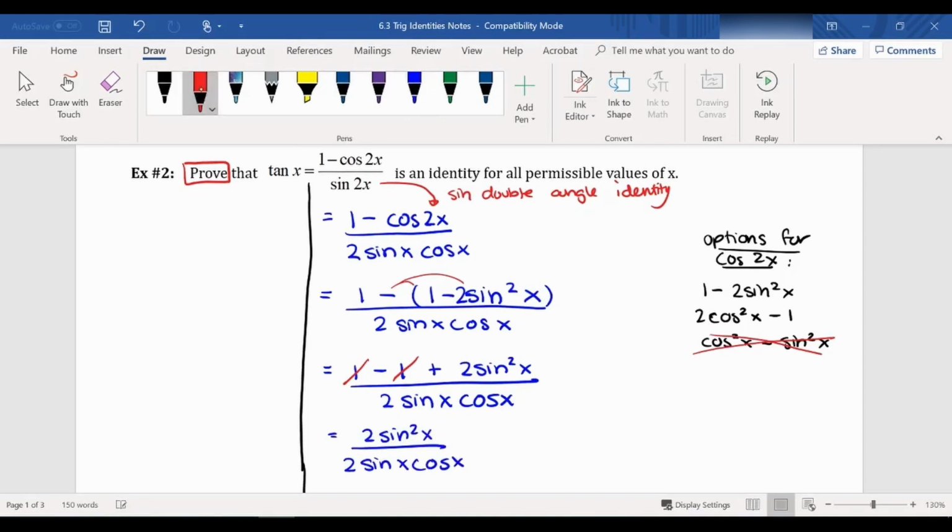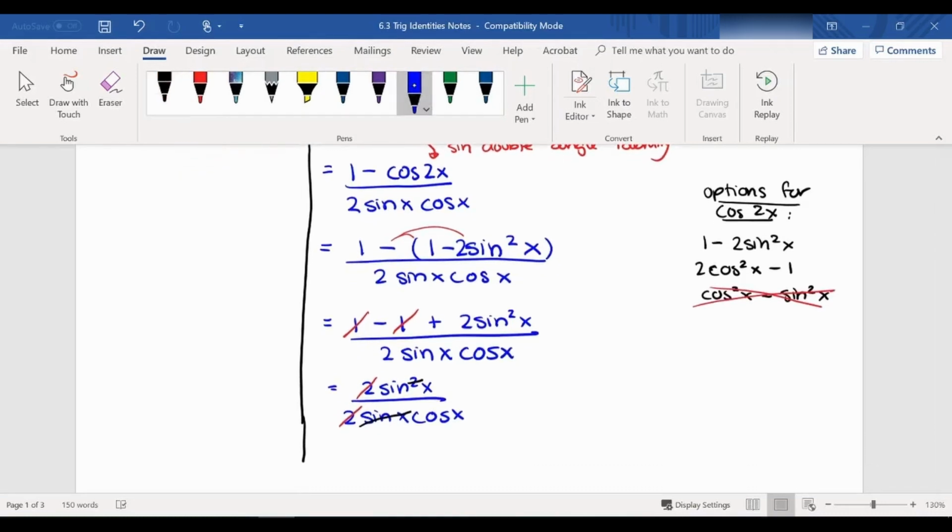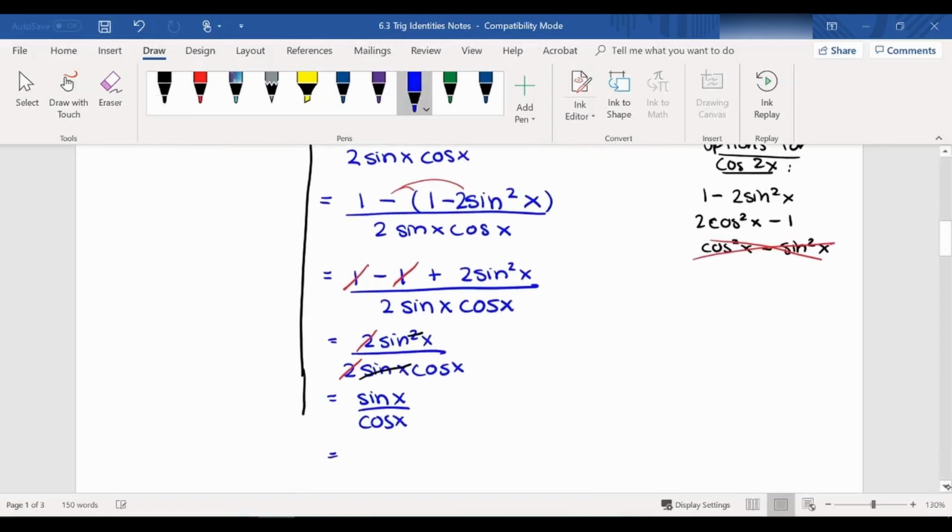And now I have a 2 on the top and the bottom. Those can cancel. I also have a sine x on the top and the bottom. So one of the ones from the top will cancel with the one on the bottom, leaving me with sine x over cosine x, which also equals tan x.